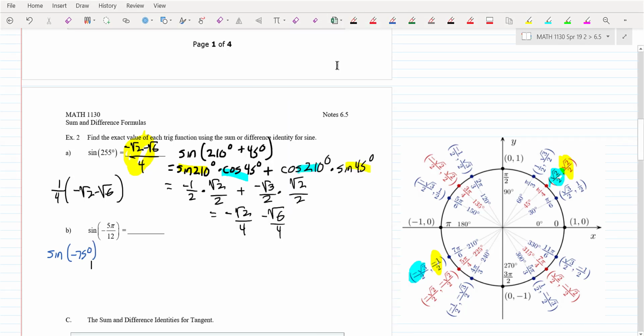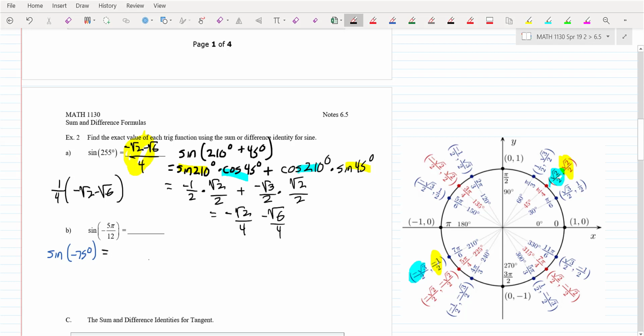Okay, so we need to figure out how to get a negative 75 out of that. There's a couple of ways to do that. You could do negative 45 plus negative 30 if you wanted to. You could probably find a way to subtract that if you wanted to. It really wouldn't make that much difference. So I think every problem I've done the sum identity on, but it's up to you how you do that.